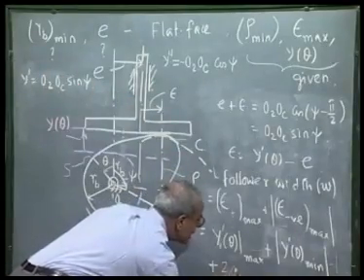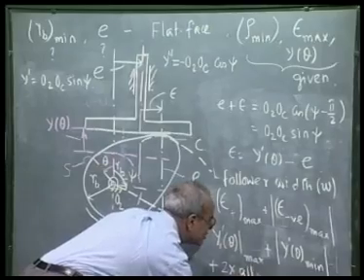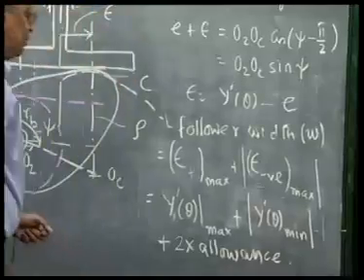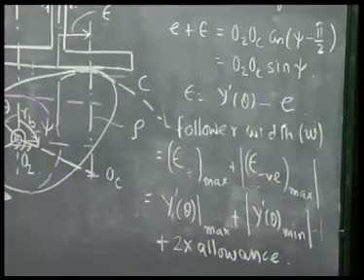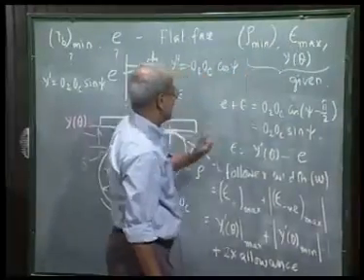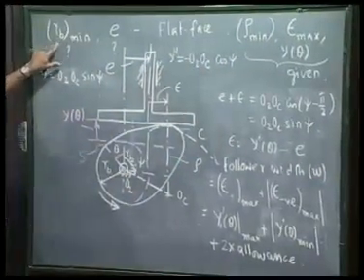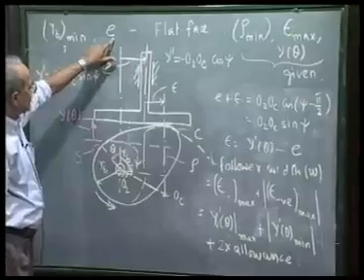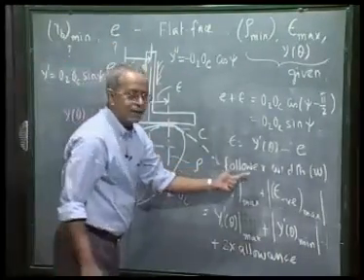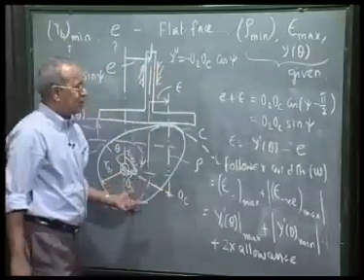So 2 times some allowance which the designer can choose. So given this rho min, epsilon max and y theta, we have determined RB minimum and the minimum amount of offset and also the minimum amount of follower width that is necessary for this cam follower system to function smoothly.